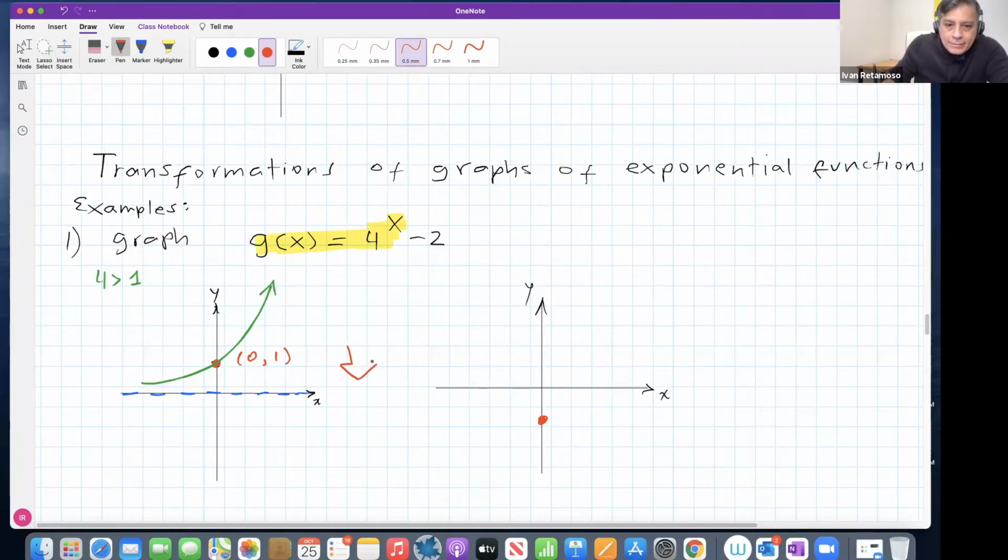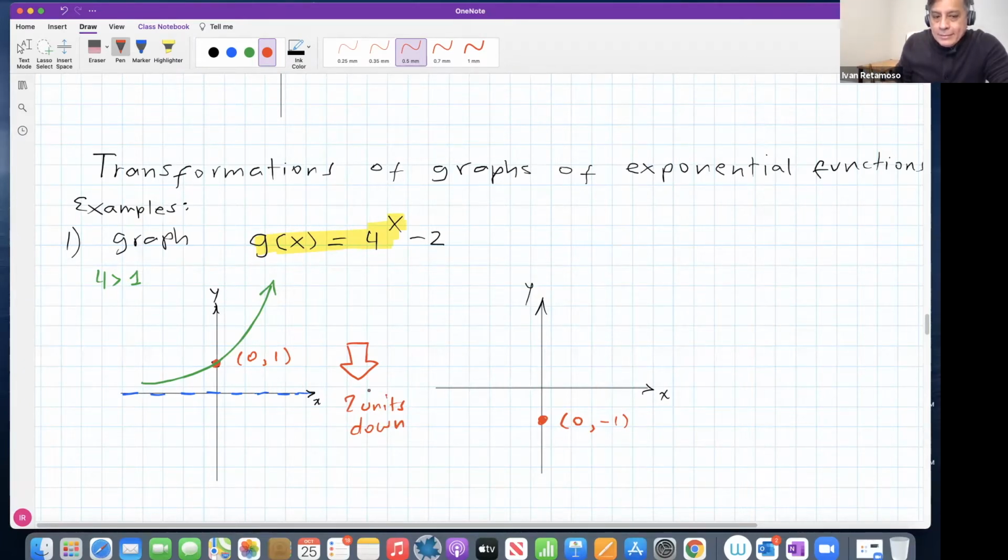We learned that when we did transformations. So the y-intercept has to appear here, 2 units down. Look, 1, 2. So it will appear at this new place. It was 1 unit above the x-axis, now it ended up 1 unit below the x-axis.